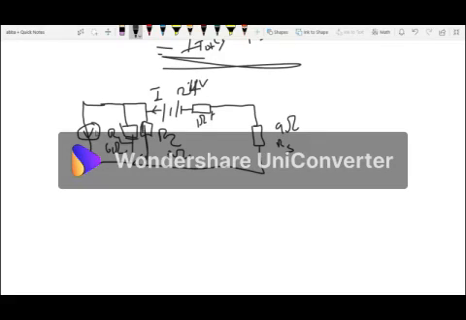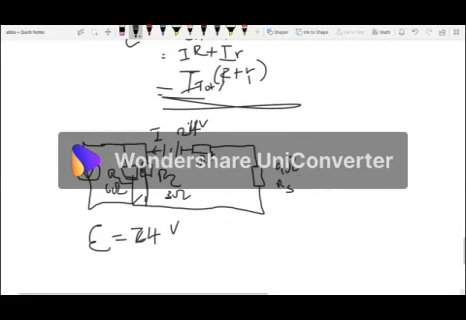So now in this circuit, the battery has an electromotive force of E equals 24, right? The electromotive force is the total potential difference within a battery, and an internal resistance of that much. So now they're saying determine the current in the circuit.